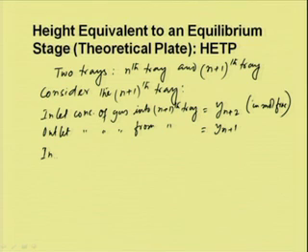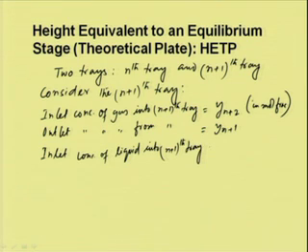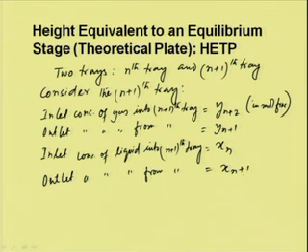The inlet concentration of liquid into the n plus 1th tray is equal to x n, and the outlet concentration of liquid from this tray is x n plus 1.